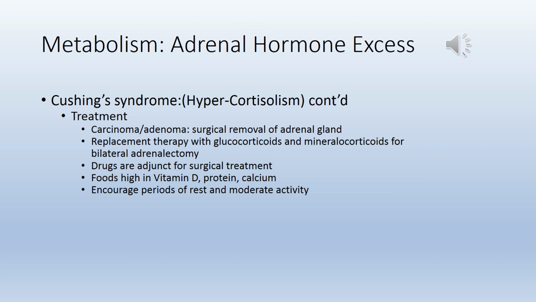Also included is a nursing intervention for decreasing risk of injury: preventing falls and fractures or other injuries to bones and soft tissues. Foods high in protein, calcium, and vitamin D are recommended to minimize muscle wasting and osteoporosis. Decreasing risk of infection is a nursing intervention, meaning the patient should avoid unnecessary exposure to others with infections.